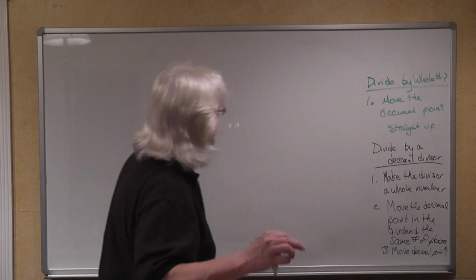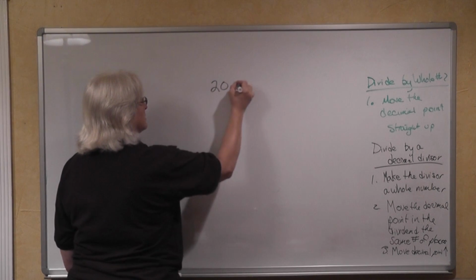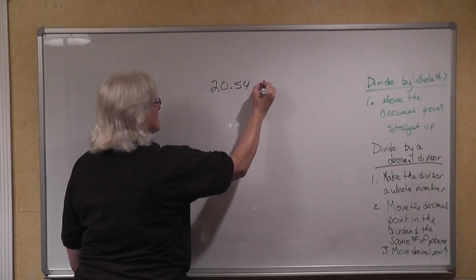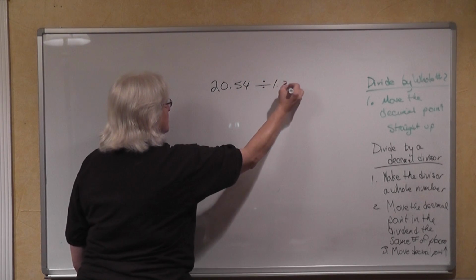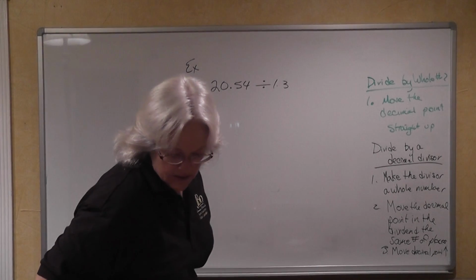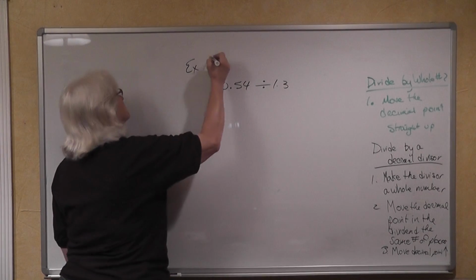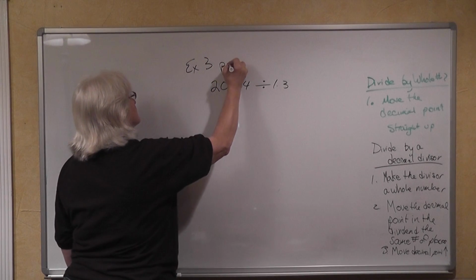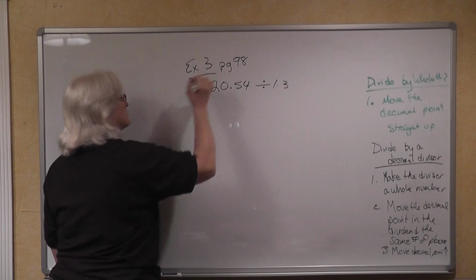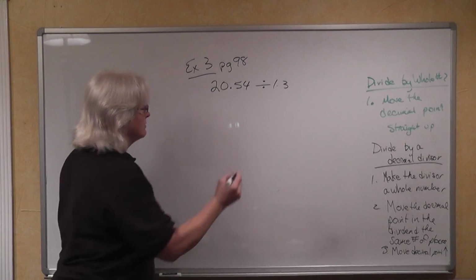20.54 divided by 1.3, and this should be example 3. This is example 3 on page 98. We're going to do this long division, not with your calculator.